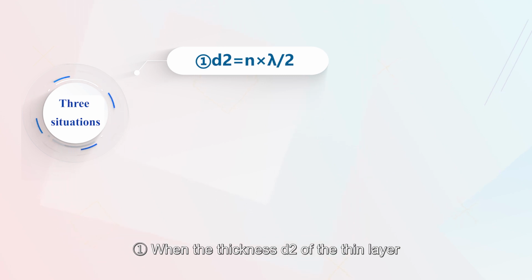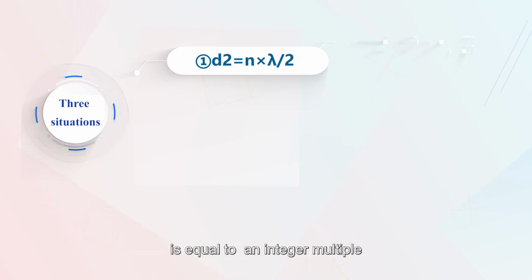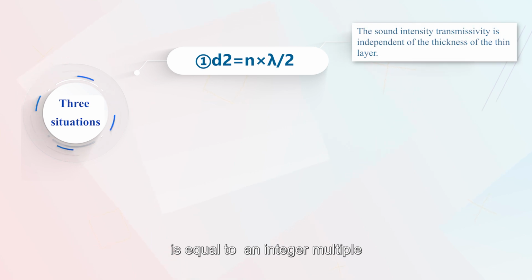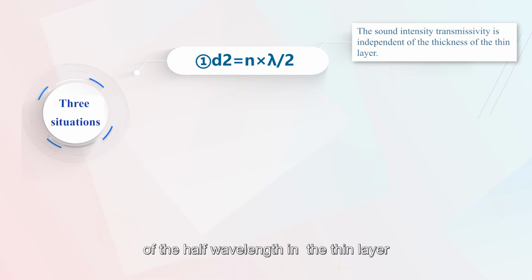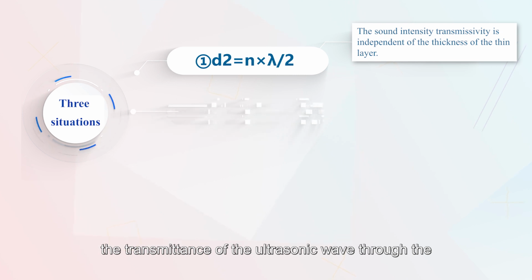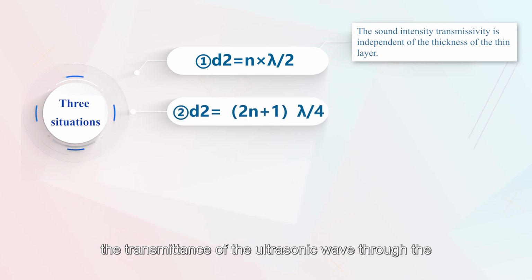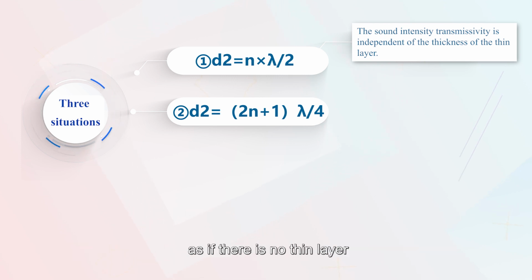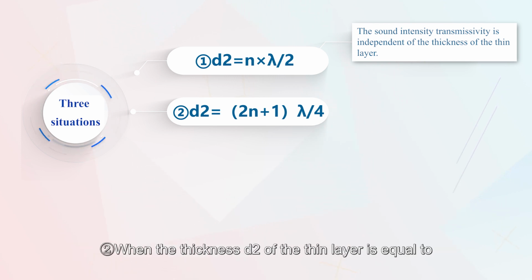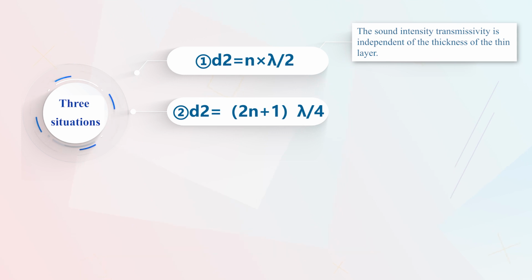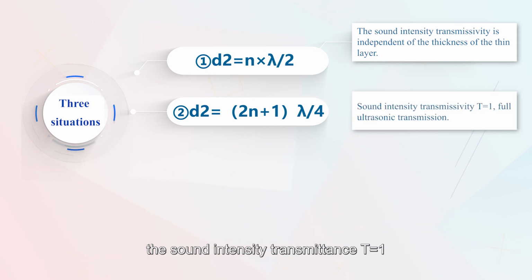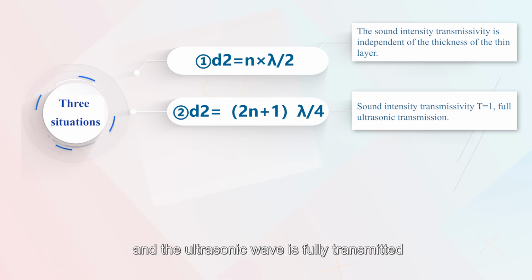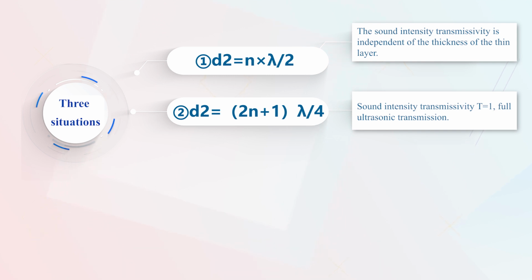When the thickness D2 of the thin layer is equal to an odd multiple of the quarter wavelength, and the acoustic impedance of the thin layer is equal to the geometric mean of the acoustic impedance of the probe and the workpiece, the sound intensity transmittance T is equal to 1, and the ultrasonic wave is fully transmitted.